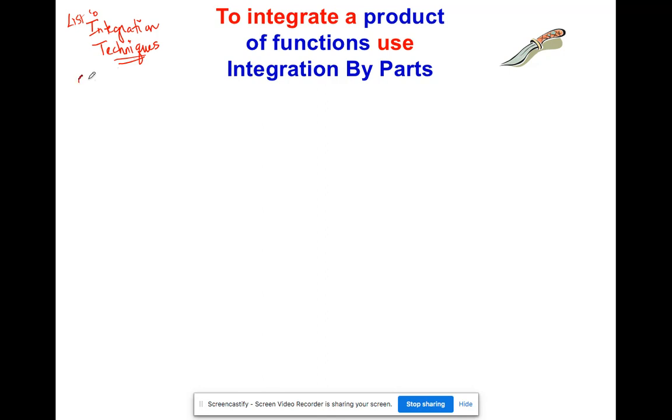The first technique on that list was U substitution. And the second one is integration by parts, or IBP.